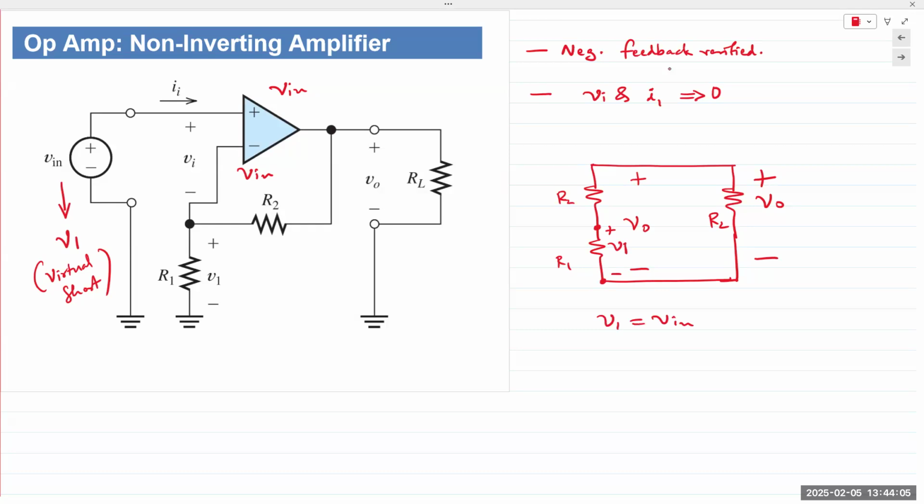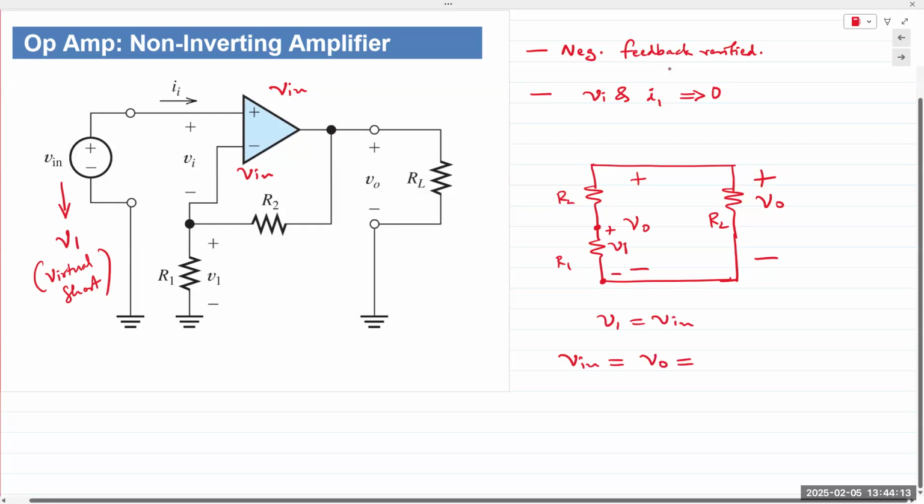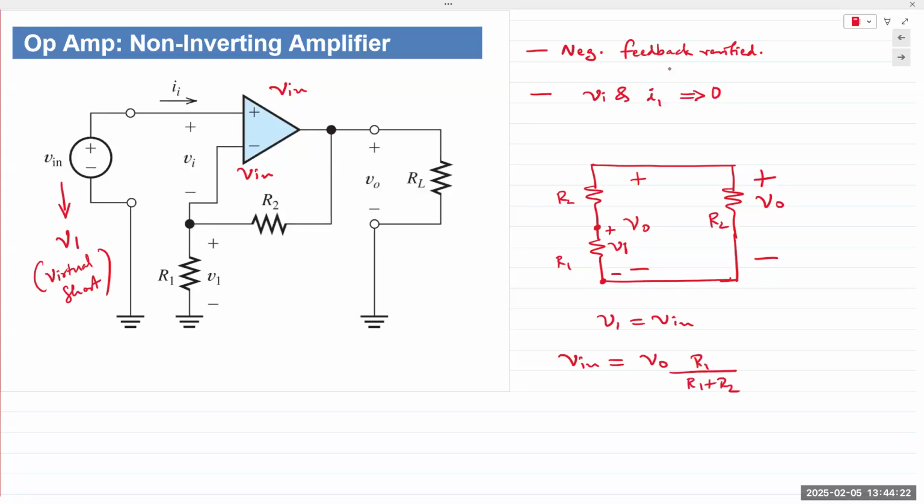From circuit analysis of the output loop, I can see it's a voltage divider network. So I can write V in is a fraction of V out, and that fraction is given by R1 over R1 plus R2.